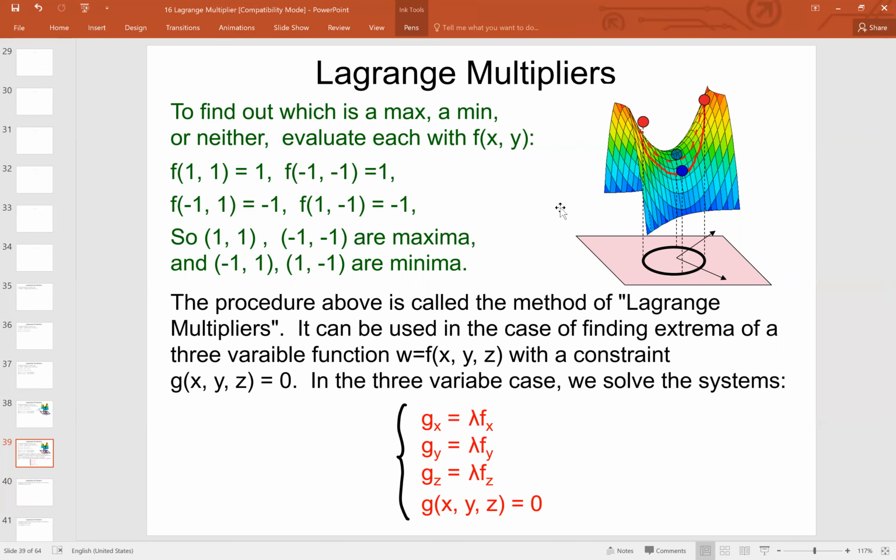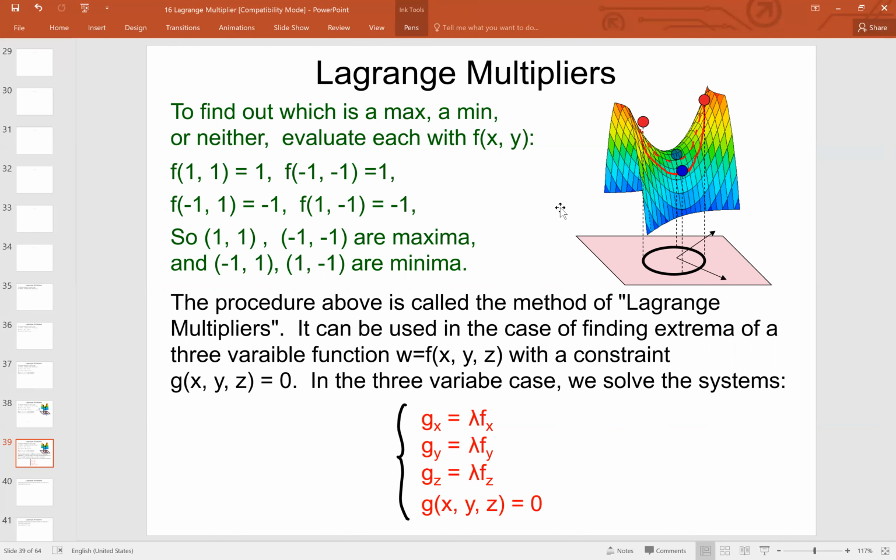And this Lagrange multiplier method works for any dimensions. So in general, you wind up with these equations in 3 variables, and you take the partial derivative.